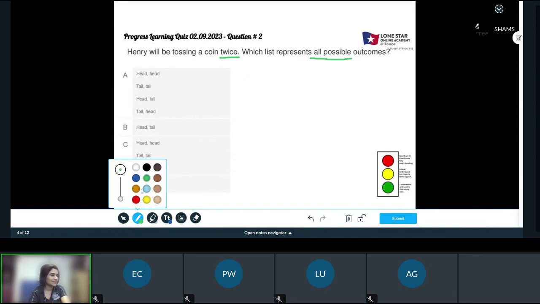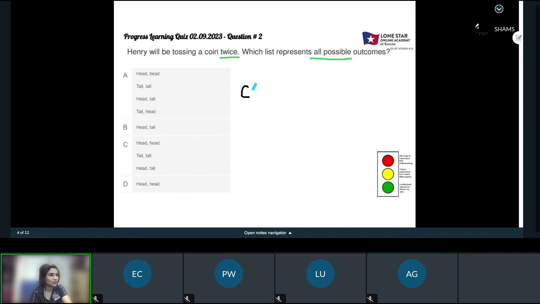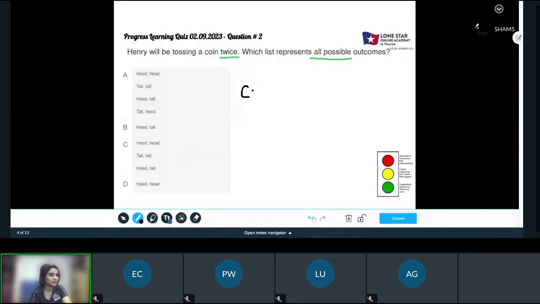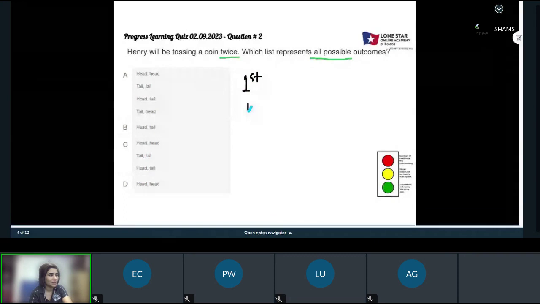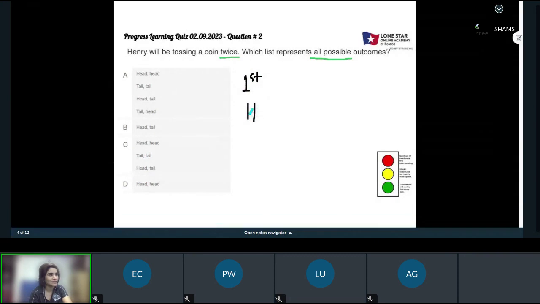So what I can say, this is the first toss. I'm not going to even say coin, but I'm going to say first toss. This is the very first toss. The first time Henry tosses a coin, he might get either heads or he might get tails.